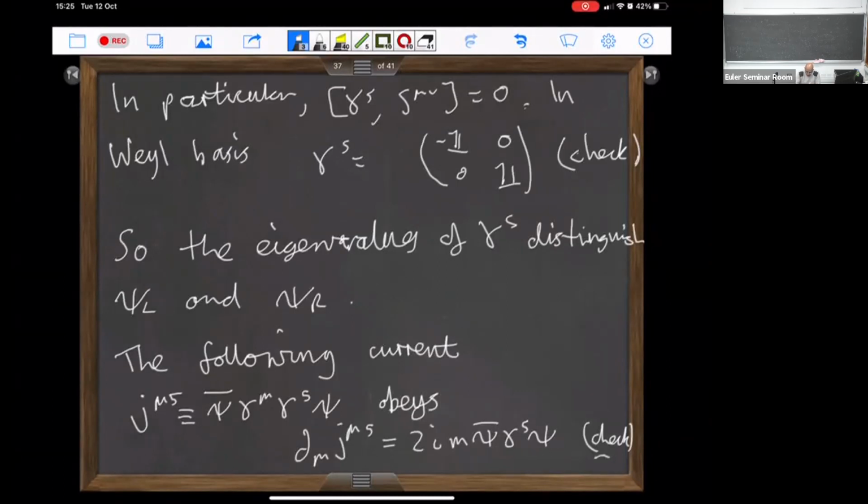So there's a nice exercise, which is that we can now define another current by inserting a gamma 5 in between the gamma μ and the ψ. And this current, its divergence is non-zero, but given by 2i times m times ψ-bar gamma 5 ψ.